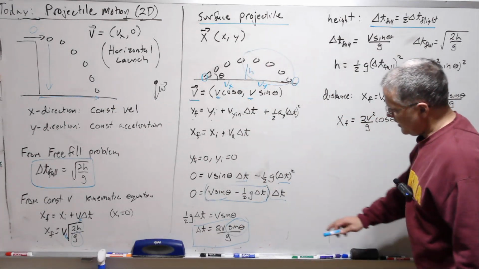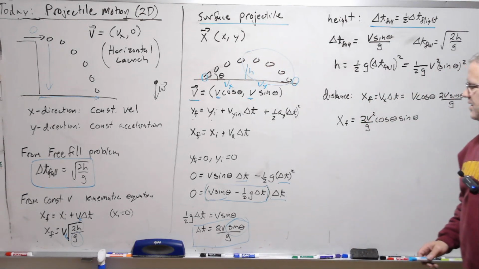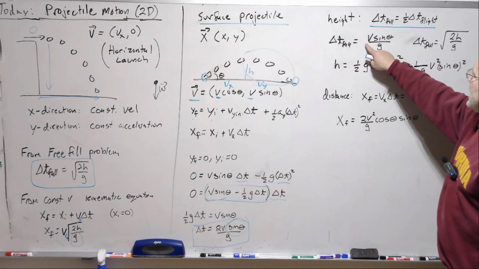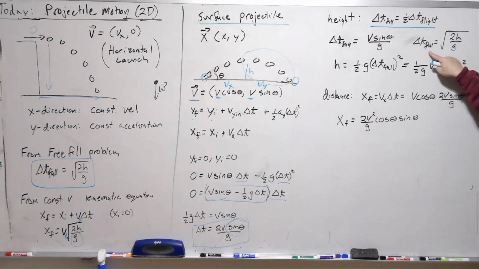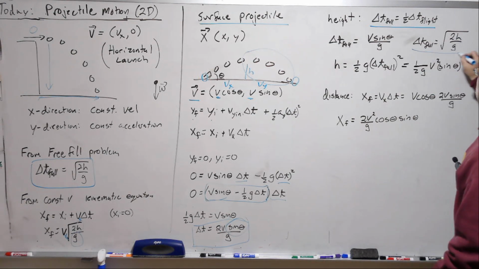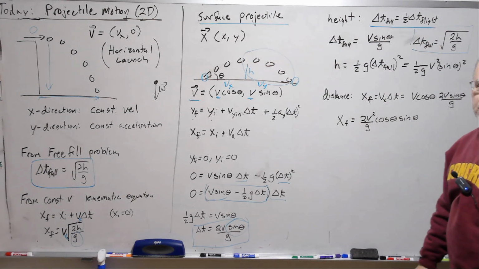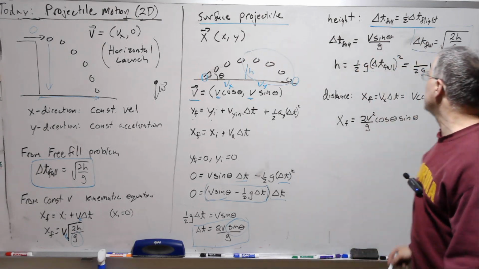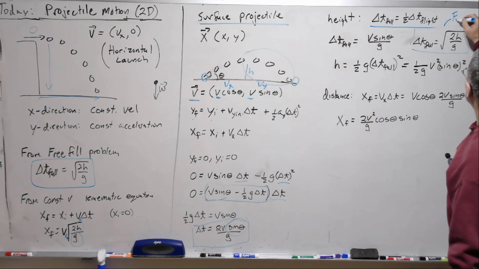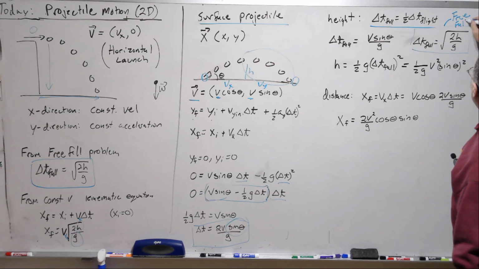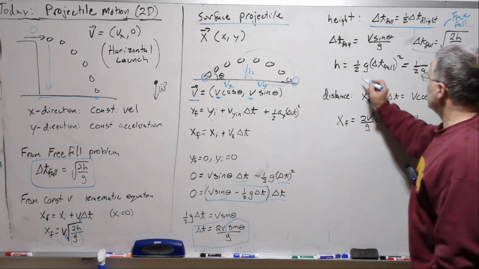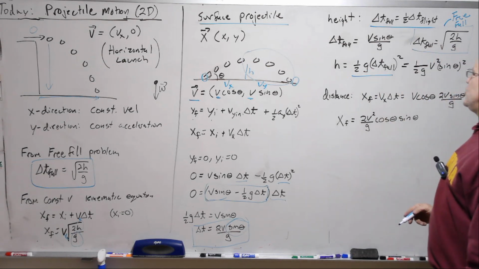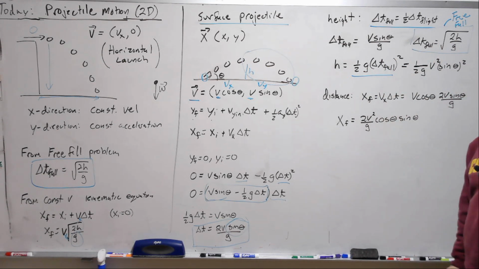So here's our full flight time, 2v sine theta over g. Half of that is just going to be v sine theta over g. And from our free fall equation from the last video, we could solve for h, and we get h equals 1/2 g delta t fall squared.